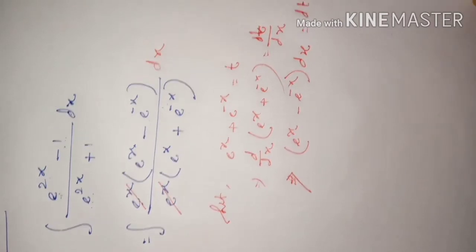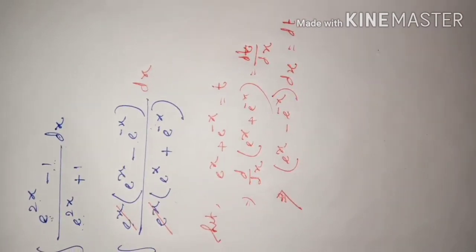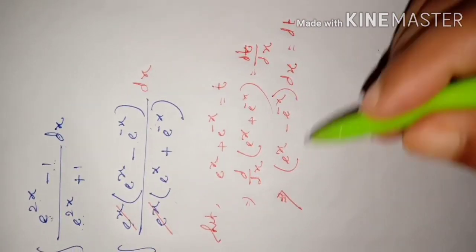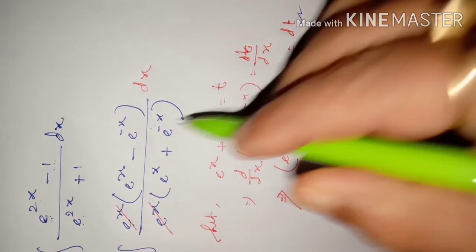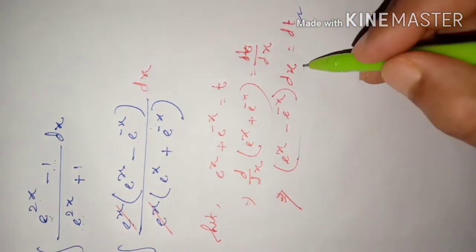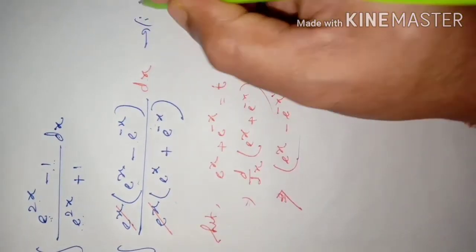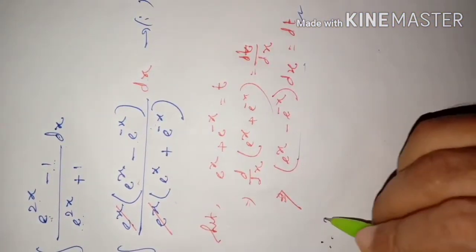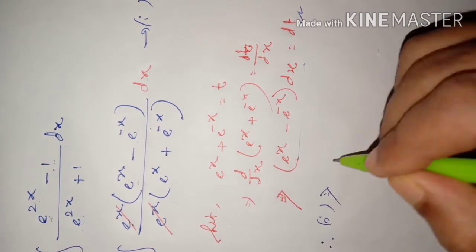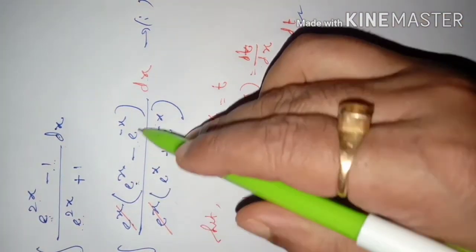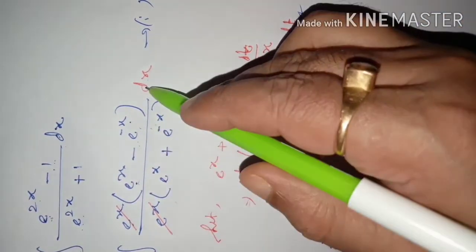Now we can substitute this dt, for this whole thing we can write dt here. So the integration of e to the power of x minus e to the power of minus x into dx is equal to dt.